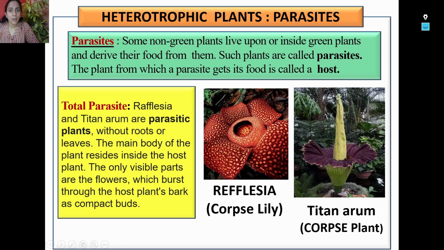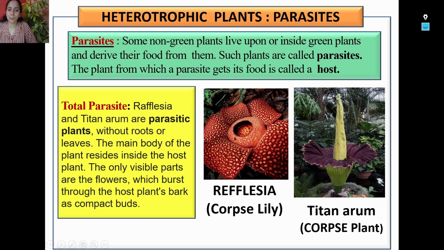Imagine, students, the main body is residing inside the host, some bigger bark of a tree, and only then they are drawing food and water from it with the help of the same Haustoria-like structures, and then they are blooming, producing flowers. Look at the flowers, the largest flowers, and nourishment is drawn from the host.